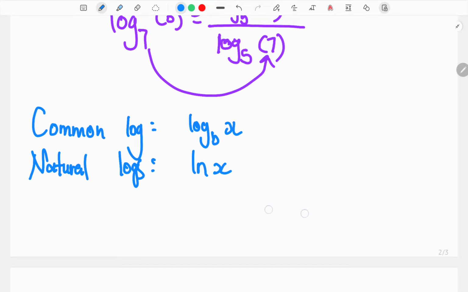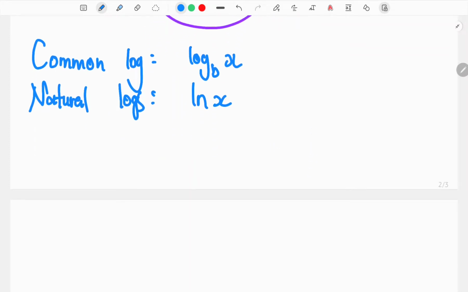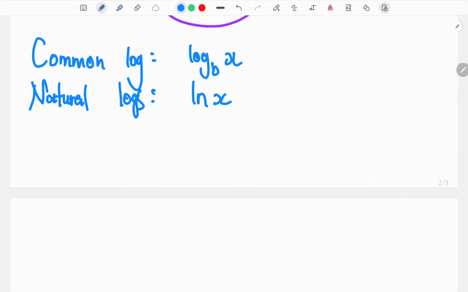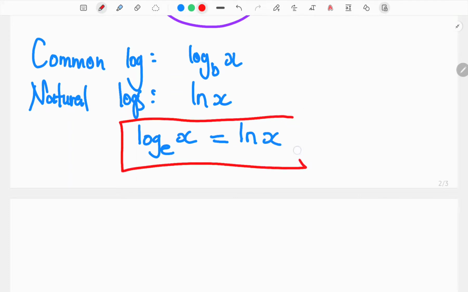One thing we need to note is that we have a relationship between these two things. Whenever you have log base e of x, this is equal to ln of x. This is the relationship that needs to be noted.